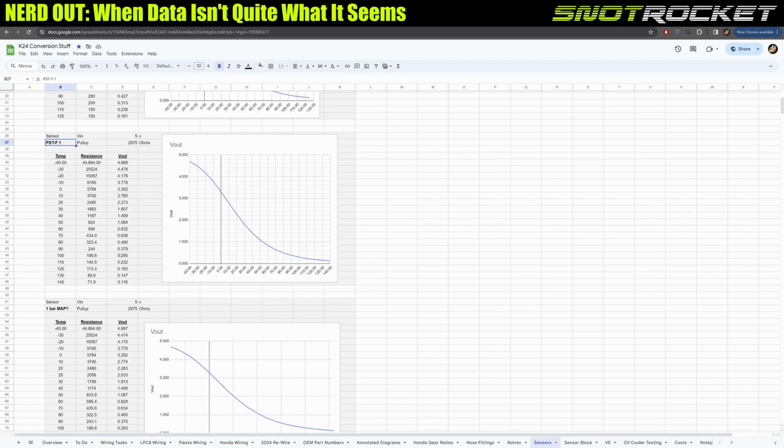But with oil temperature, you're really interested above 80 degrees. So between 80 and like 140, this is the operating range that you're going to be in when you're hard on it on track or on the road. As you can see, this transfer function here, it's almost flat. After like 80 degrees, it really starts to flatten out.